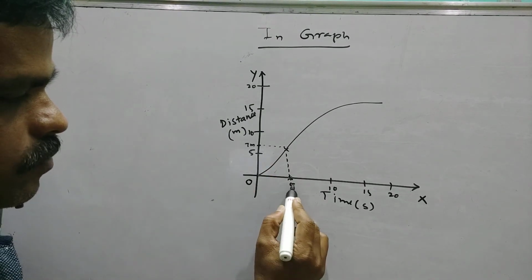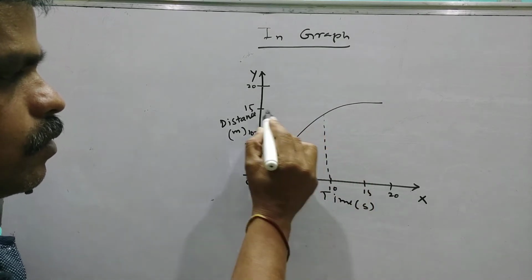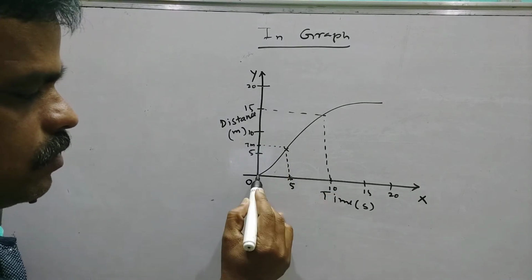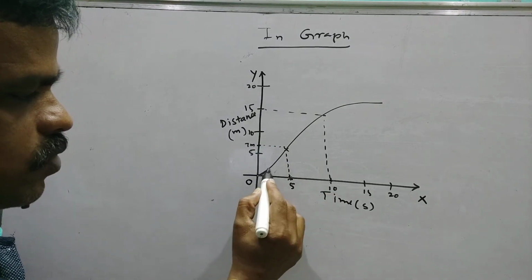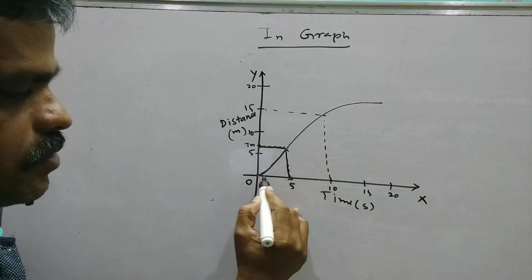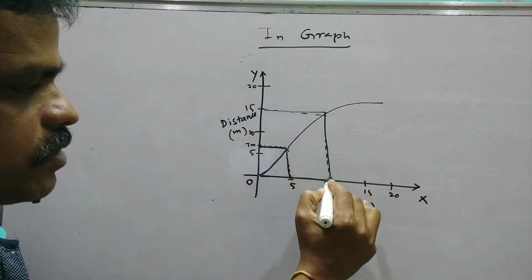At 10 seconds, the distance, for example, is 15 meter. So at 5 seconds, the particle traveled 7 meter. At 10 seconds, the particle travel distance equal to 15 meter.